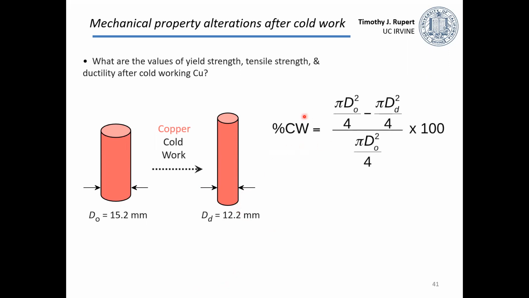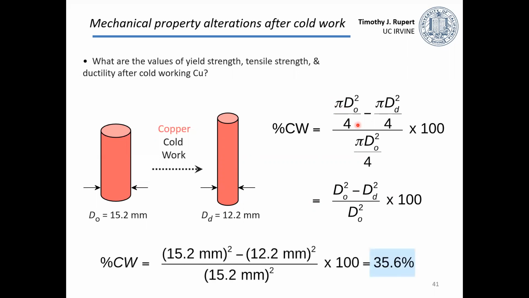You can put a number on that by describing the change in the cross-sectional area of that wire. In this case, we can cancel out all those pi over 4s, so that we just describe it in terms of the diameter. If I plug in some numbers, I'll talk about the decrease in my diameter divided by the original number. I'll see that the area is decreased by 35.6%.